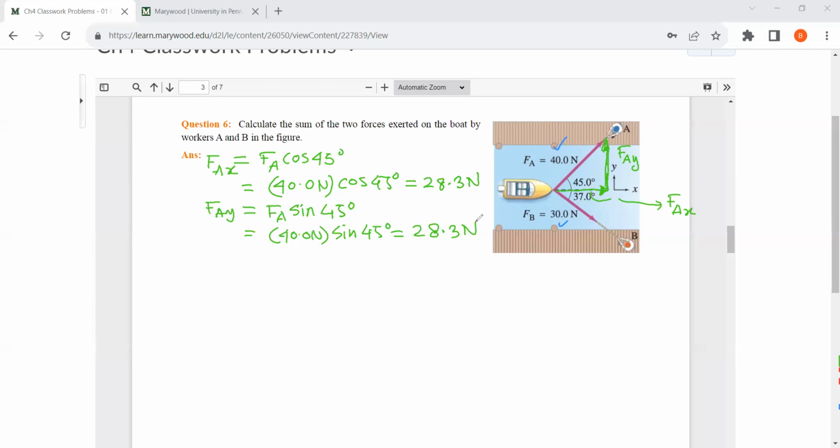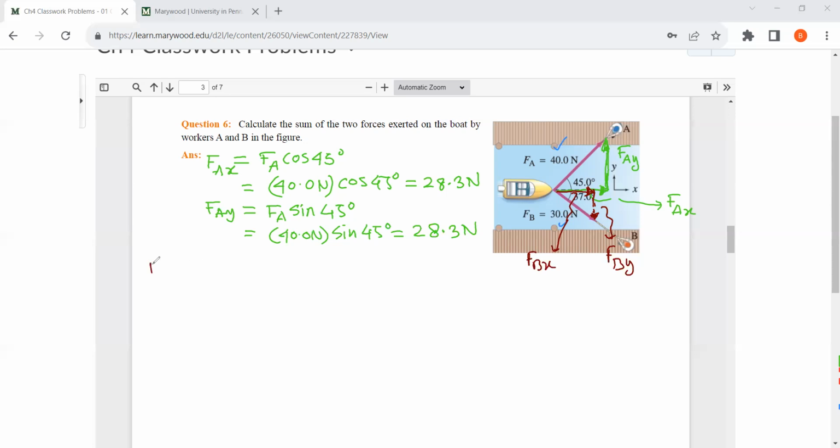Now, how about FB? Okay, so for FB, this is one component and this is another component. So this is FBy and this is FBx.